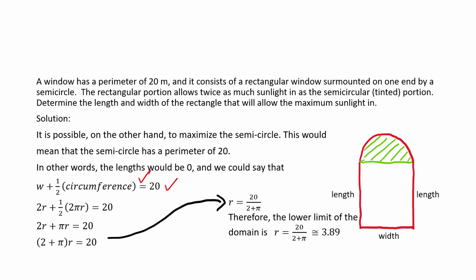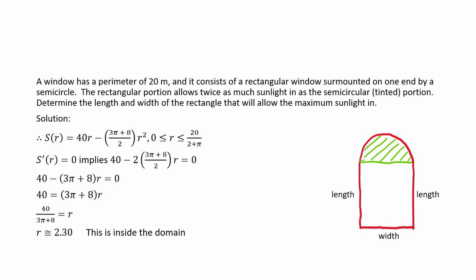And so plugging in a width of 2r and 1/2 times 2 pi r and letting that equal 20, we would ultimately get that r was 20 over 2 plus pi. So the upper limit of the domain would be 20 over 2 plus pi. And so we'd be able to say that this was the equation without using any rounding at all for the sunlight coming in.